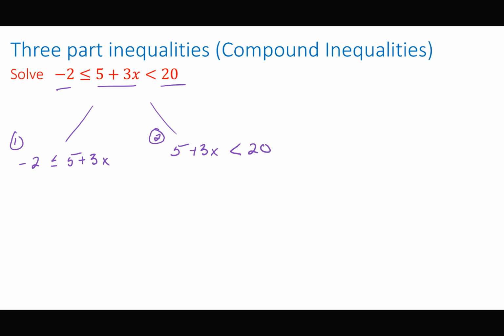All right, so now I can solve each one individually. Subtract 5 from this one: subtract 5 of a -7 is less than or equal to 3x. Divide by 3, divided by 3: -7/3 is less than or equal to x.